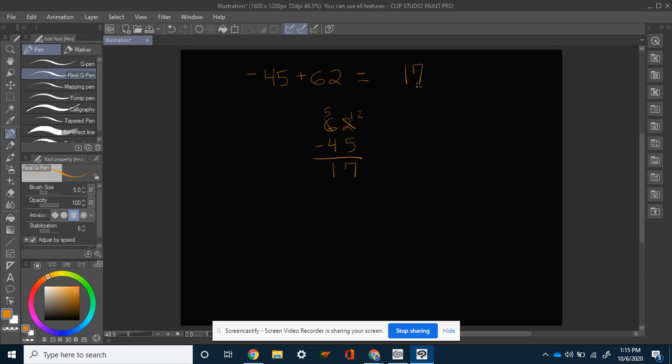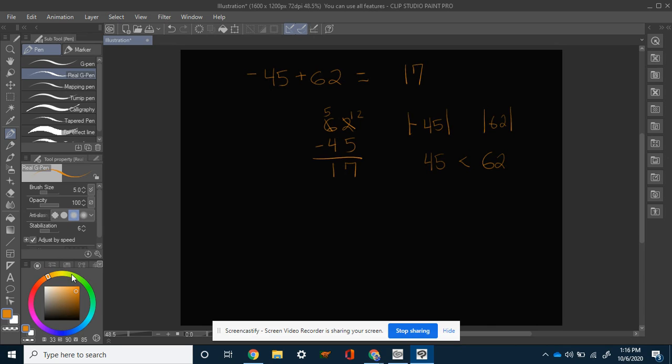But we have to figure out what the symbol is going to be. Negative 45 has an absolute value and 62 has an absolute value. The absolute value of negative 45 is 45, and the absolute value of 62 is 62. 62 is greater than 45. So we would say that this answer is going to be positive because 62 is positive.